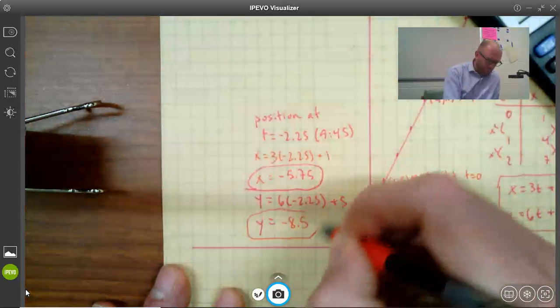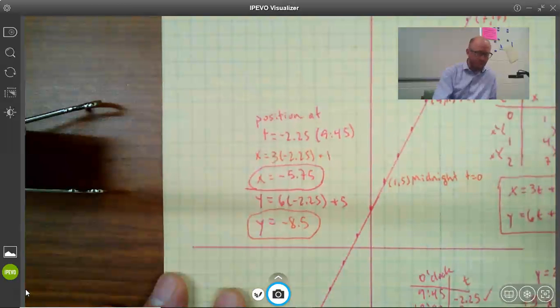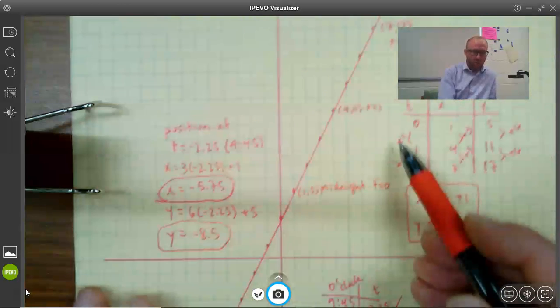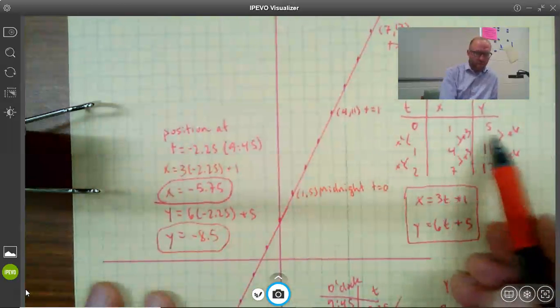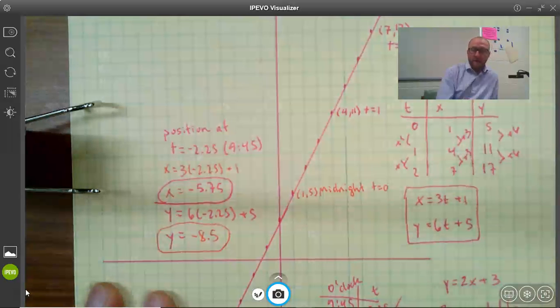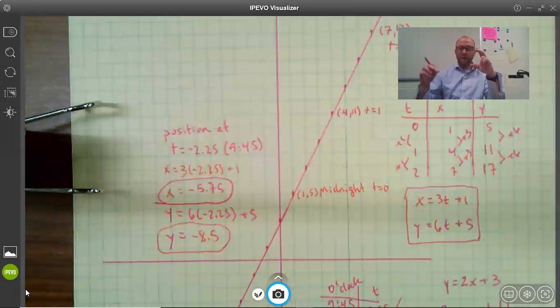Finally, we're asked to find her speed. Speed would be units per hour. We know where she is at time 0 and where she is an hour later, so we find one interval of an hour, find the corresponding positions, and use the Pythagorean theorem to find the distance between them.